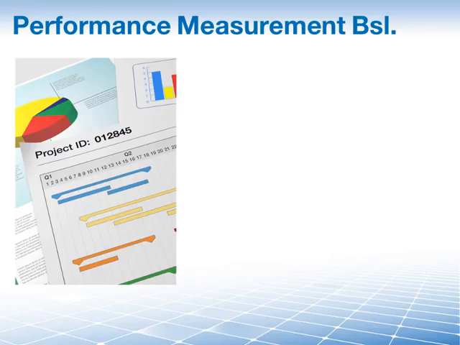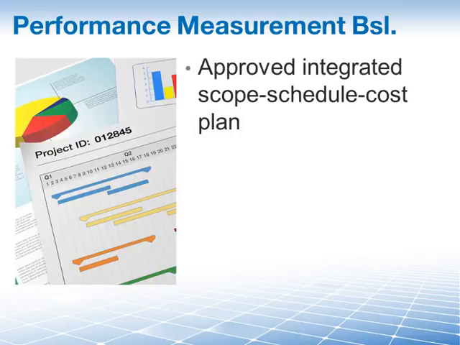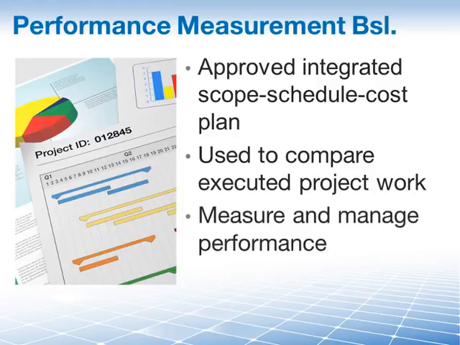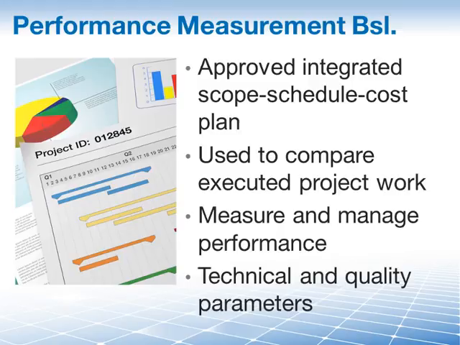And then we have the Performance Measurement Baseline, or PMB. This is an approved baseline that integrates the scope, schedule, and cost plans. It is used to compare executed project work against your original plan in order to measure and manage project performance. The PMB may also provide technical and quality parameters.